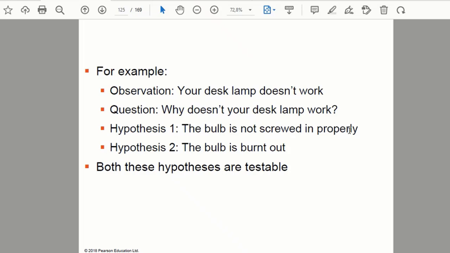Both these hypotheses are testable, because you can attempt to screw it in tighter and see if the bulb works. If it still doesn't work, you can replace the bulb with a new one, and if you find that it works, then you have tested that. Those hypotheses are testable.